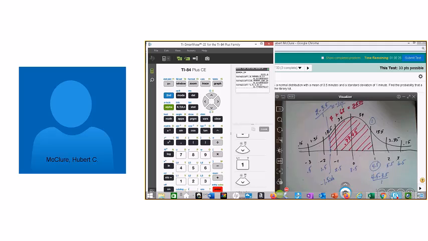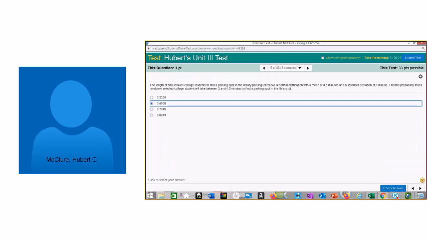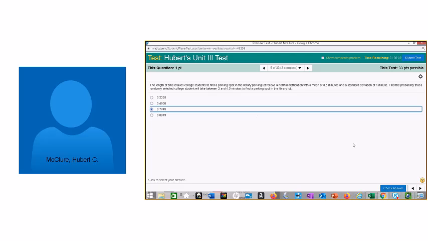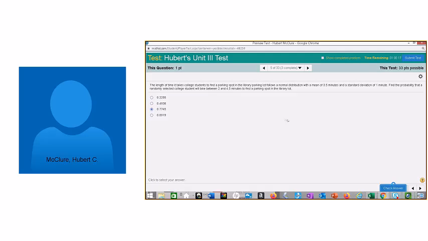Let's go back to the, so 0.7745 is right there. And we can check that answer and we'll get it right. So far, I haven't seen anything. The only question I haven't seen is this one. And the whole test is all what we just went over.